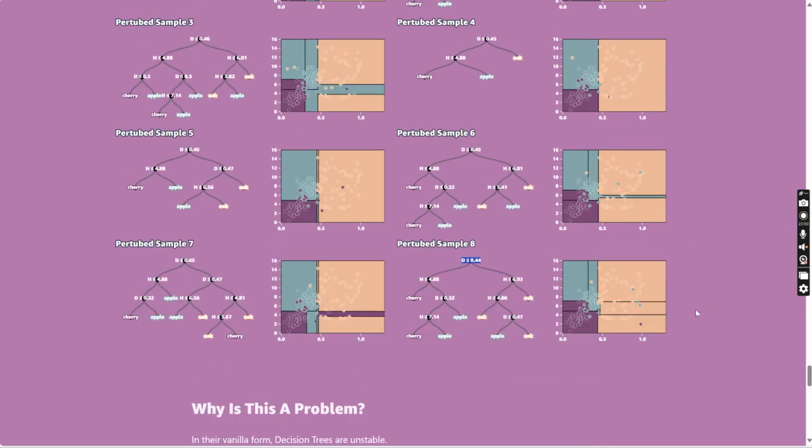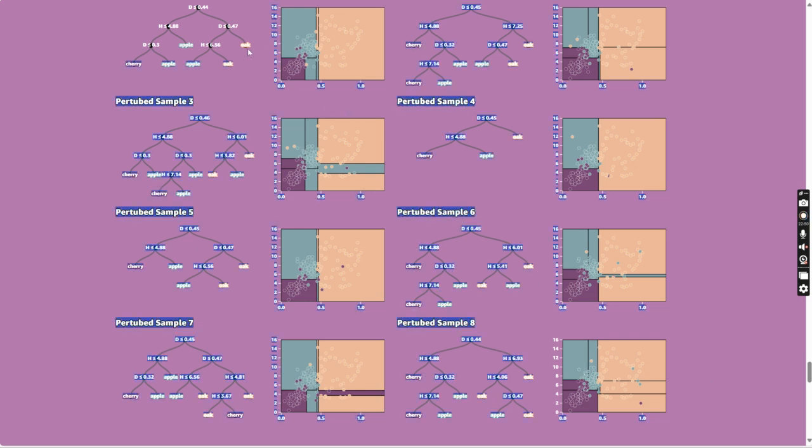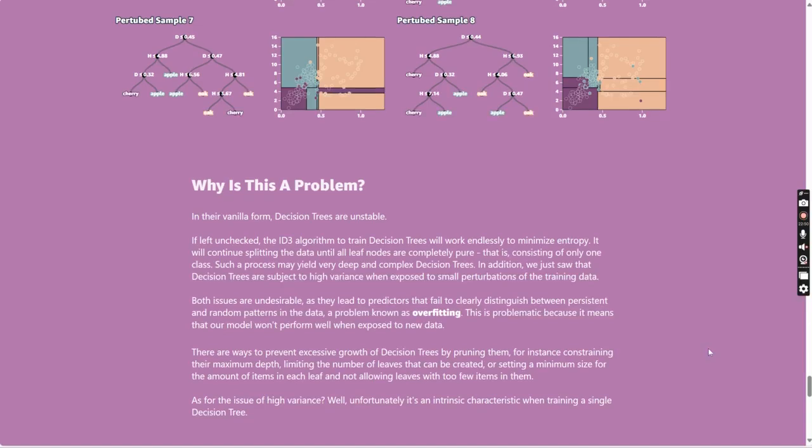Why? Because data keeps on coming. Data is dynamic, we call it, right? So it keeps changing. All these tree structures that we have already trained may not work well with the unseen data. Okay, so that is where the concept of overfitting comes in.